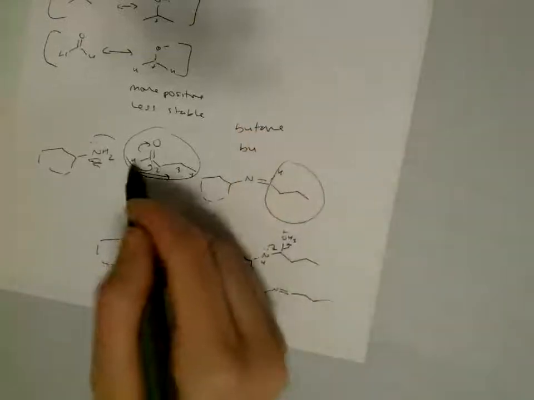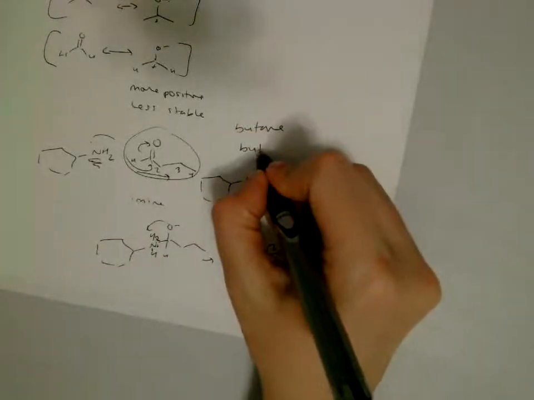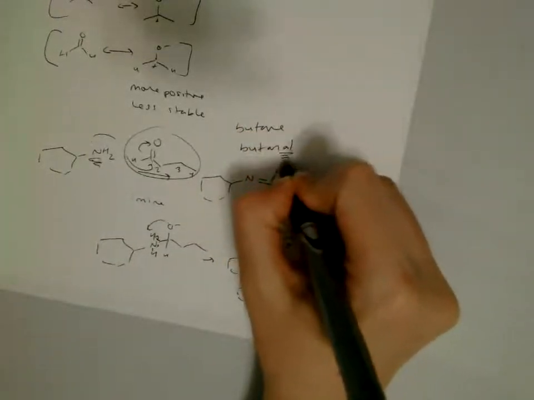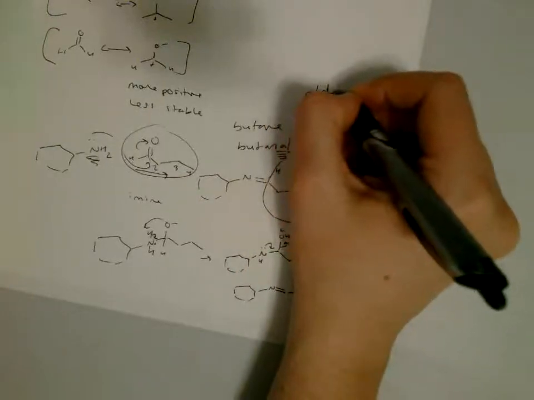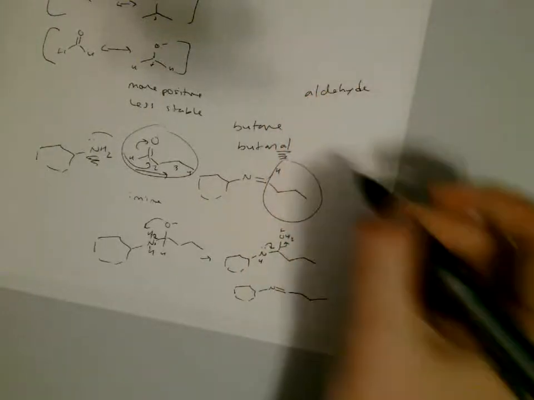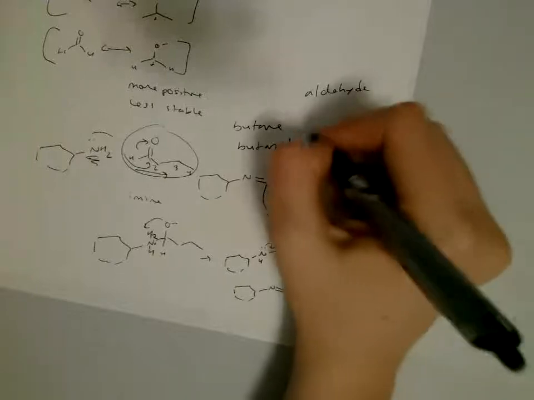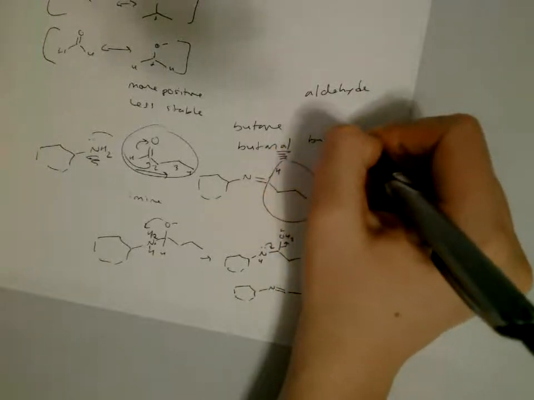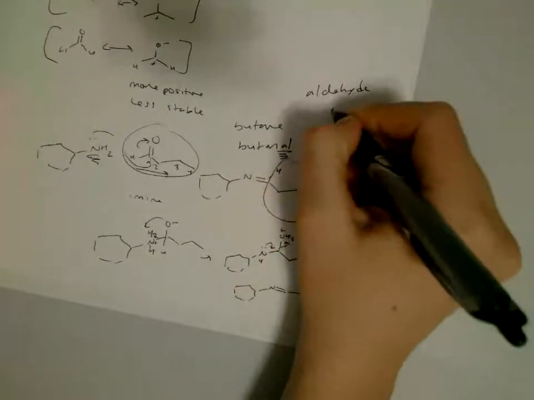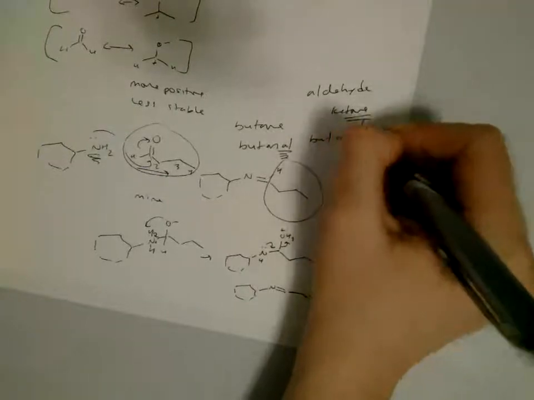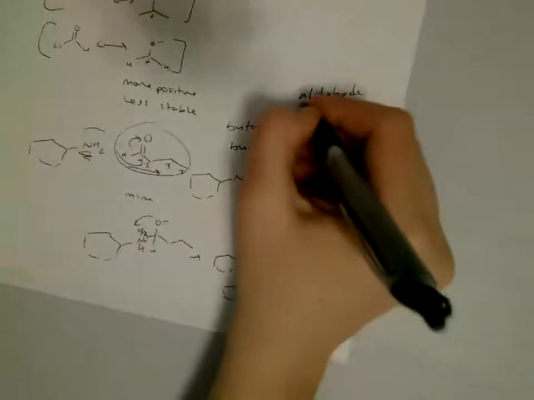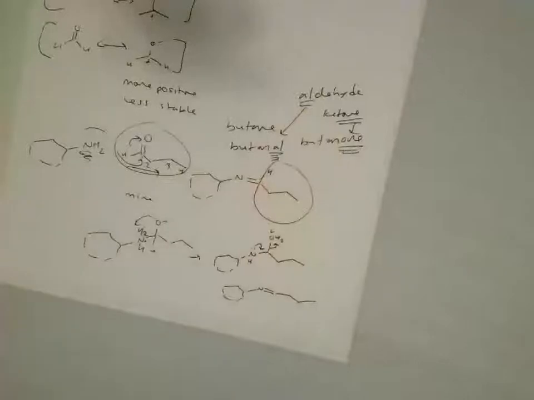So the aldehyde version of that is actually butanal, al for aldehyde. If you have a ketone, it's butanone, one for ketone. So ketone has O-N-E, aldehydes have al, so those are actually pretty easy to remember, I think, in terms of nomenclature.